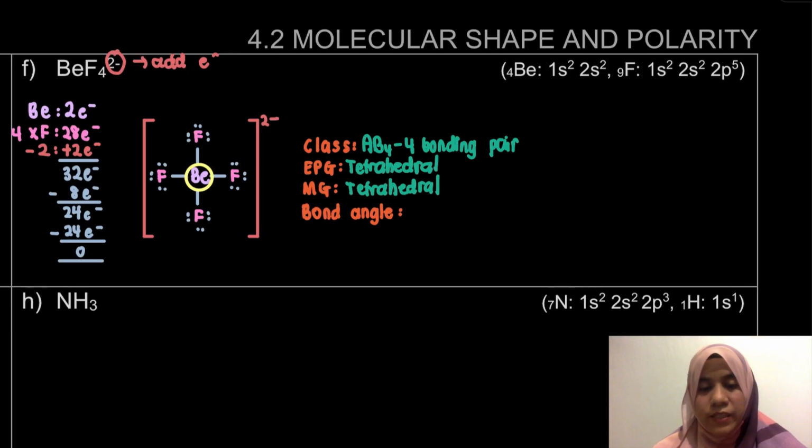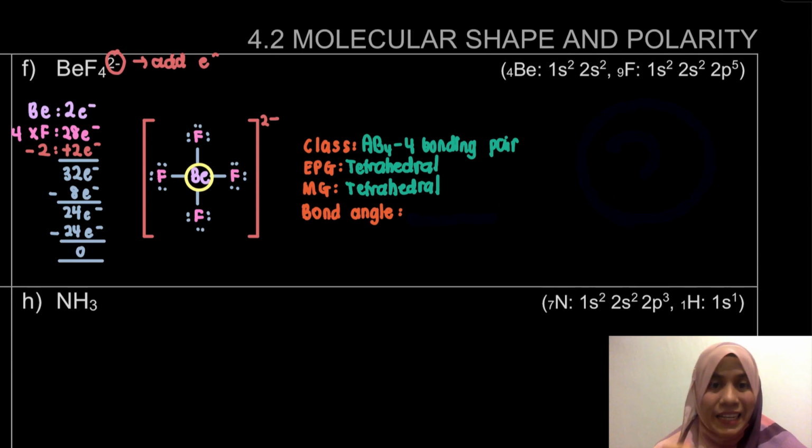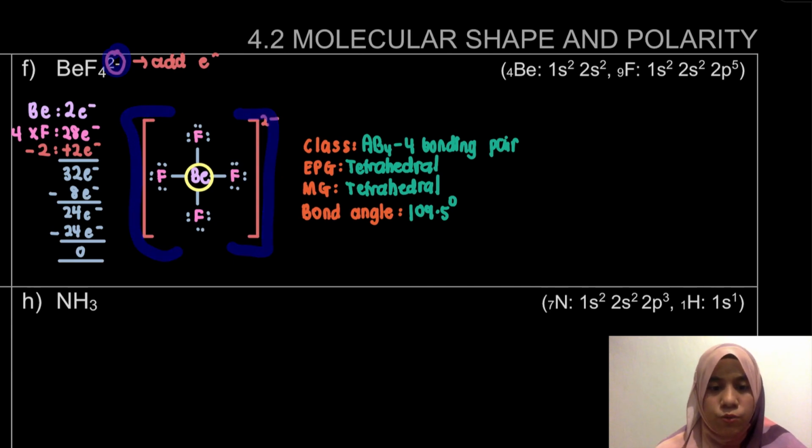So what is actually the bond angle? Again, Miss suka tulis bond angle awal-awal. Nanti bila kamu draw tu tak perlulah nak show the angle itself. So tetrahedral ni, bond angle dia is actually 109.5. So from here, you're gonna draw lah the molecular shape. But remember kat sini, sebab ada 2 minus kan, make sure ada kita punya square bracket ni lah, 2 minus.